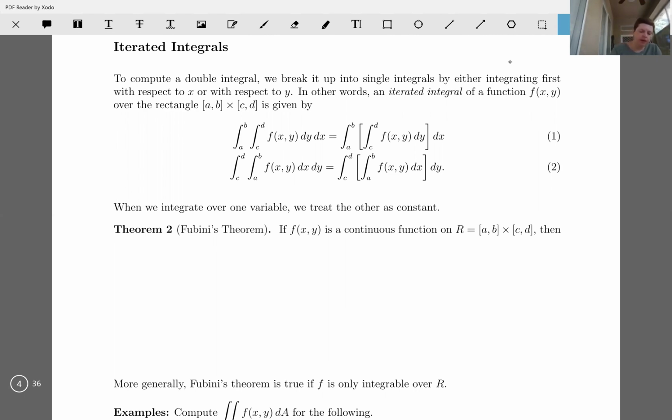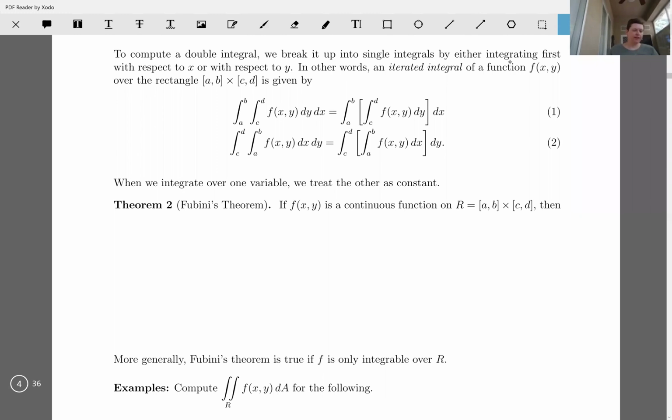So Fubini's theorem says that if f of xy is a continuous function on our rectangle AB by CD, the double integral of f over that is, well, we can write that instead of dA as dx dy.